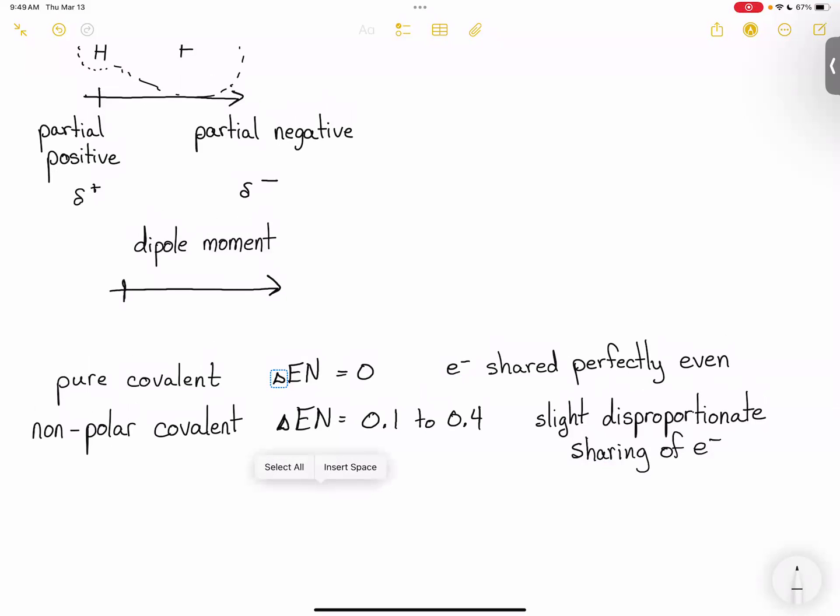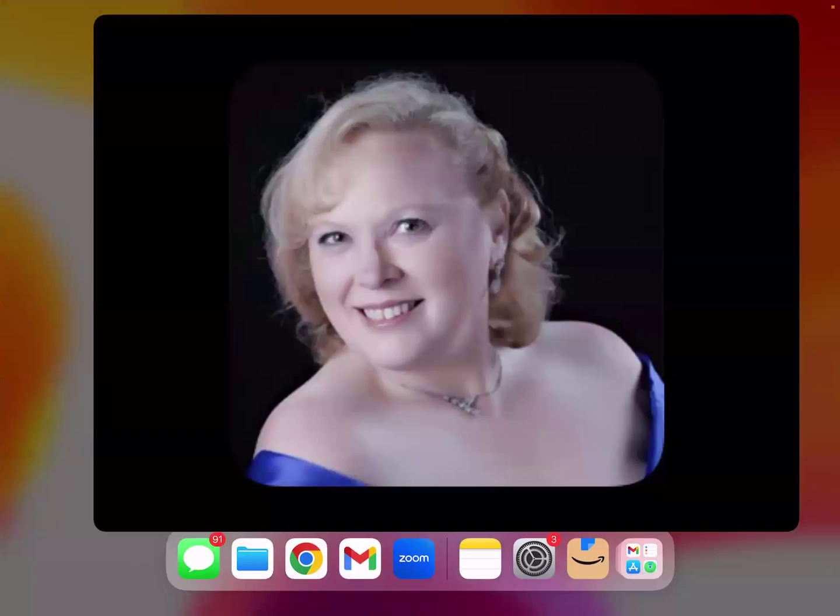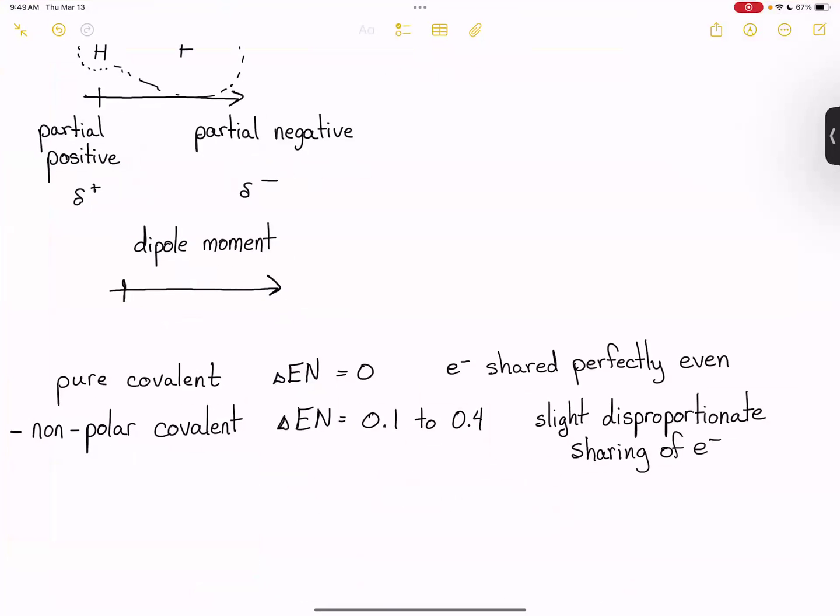For ACTIVE, they don't have a pure covalent, but they do have a nonpolar covalent. They also have a polar covalent.